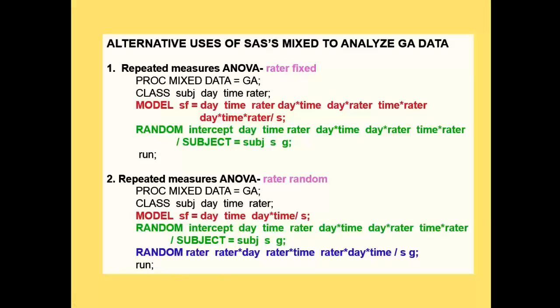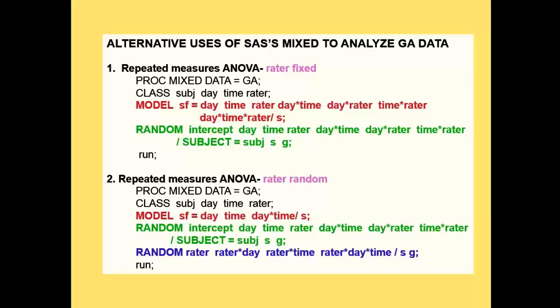Okay? But how do you know that this is rater and not rater times subject? How do you know this is talking about rater as a random effect and not the interaction of rater with subject? Because to the right of the option statement, it doesn't say subject equals subject. If it said that, then whatever you wrote there on the left would be the interaction of rater with subject.